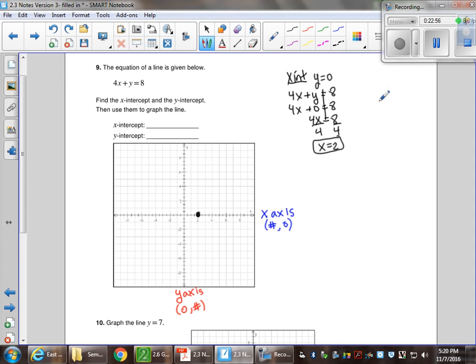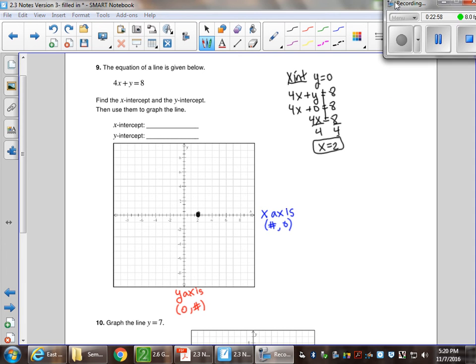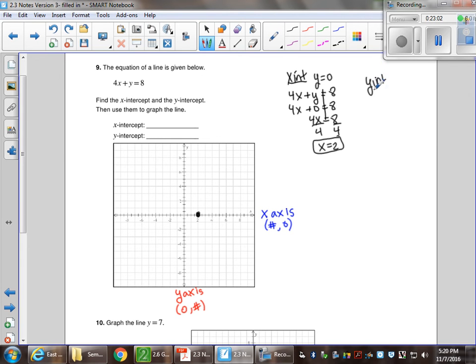Now let's do the y-intercept. So let's look at what we figured out. To be on the y-axis, 0, comma, a number. So what am I going to let be 0, x or y? Well, here's x, here's y. X equals 0.